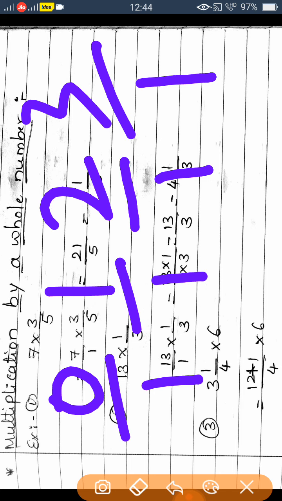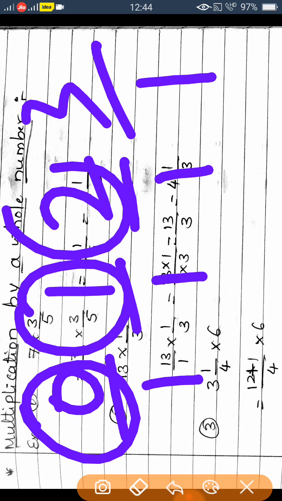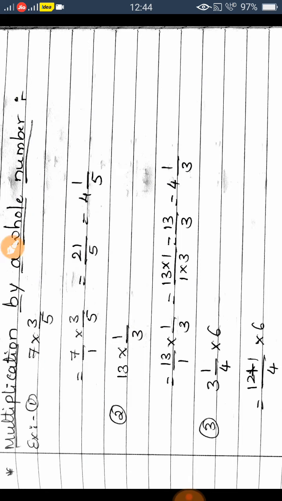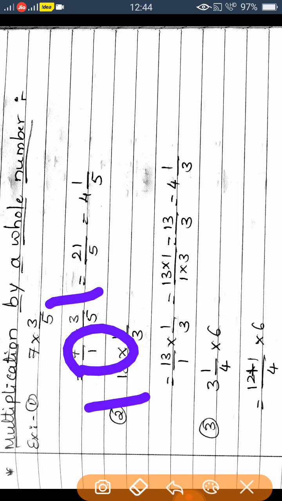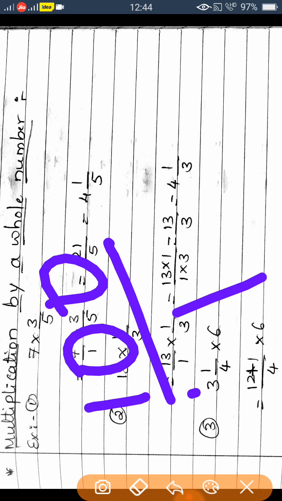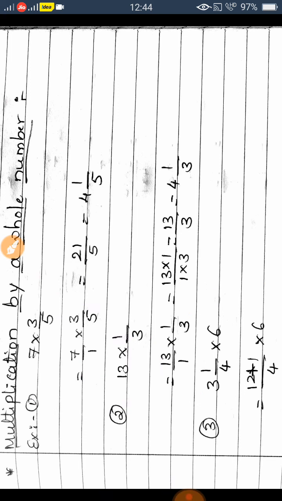If the denominator is 1, it indicates 0, 1, 2, 3 and so on. Even if it is 100, you can write it as 100 divided by 1. So this indicates a fraction itself, and that makes it easy to multiply the fractions.